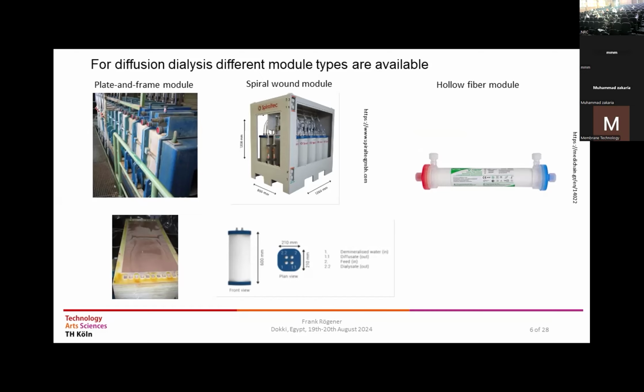Another module type that was introduced is the spiral wound module that is well known from reverse osmosis, for instance, and also hollow fibers have been used, but only the two types, plate and frame and spiral wound modules, have been used for the treatment of acidic solutions from the metal industry.